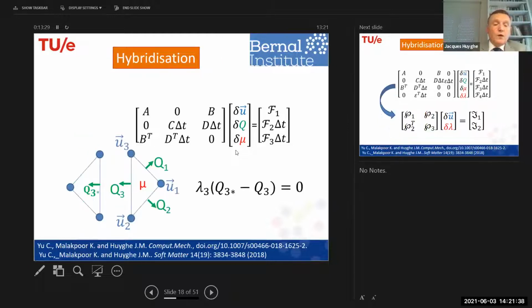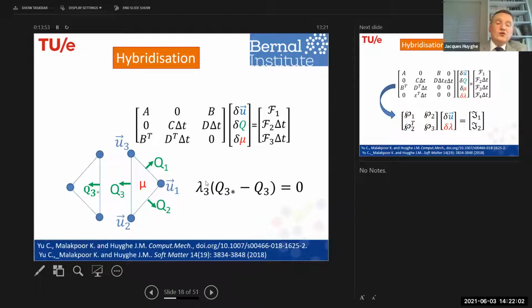So we are going now to force this flux coming out of that element to be equal to the corresponding flux going into the next element. And this we do by means of a Lagrange multiplier lambda 3, which enforces Q3 star to be equal to Q3.